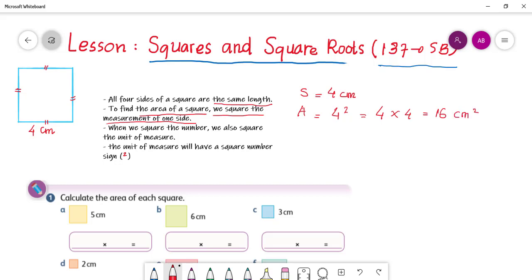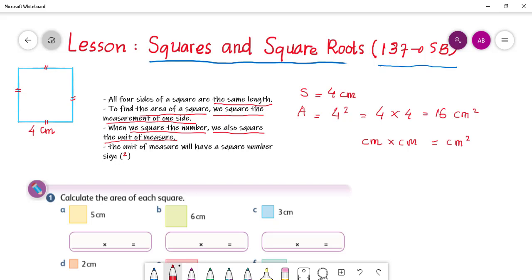Okay, we will continue. When we square the number, we also square the unit of measure. Kids, we also square the unit of measure. What does it mean to square the unit of measure? Let's see over here. If you square centimeters, it's centimeters and centimeters, which means centimeter square.